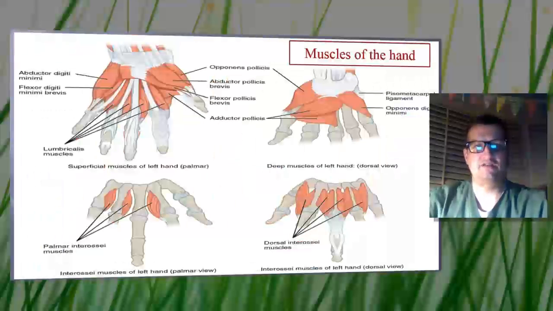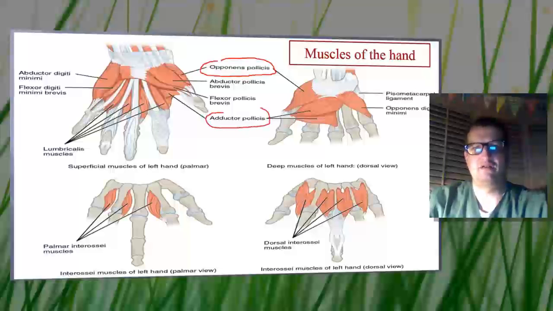Muscles of the hand, I don't expect you to know really any of these except for the opponens pollicis, which is very important, as well as the adductor pollicis.